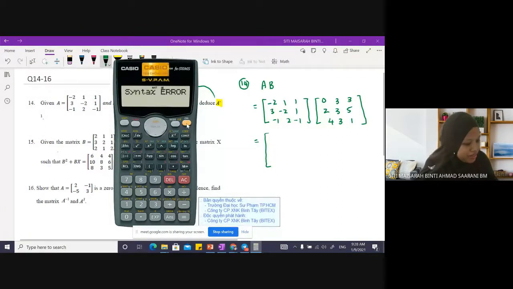Tapi kalkulator rhythm ni okey je. Kalkulator awak okey tak? Sebab ni 570 MS sama je.